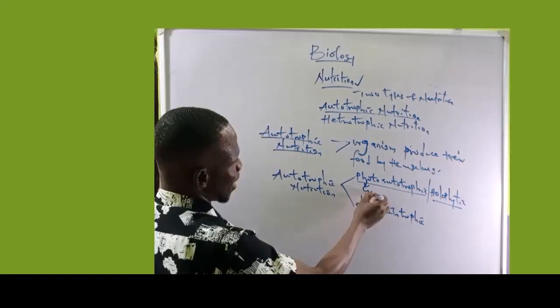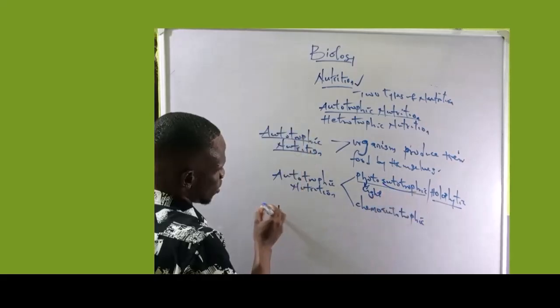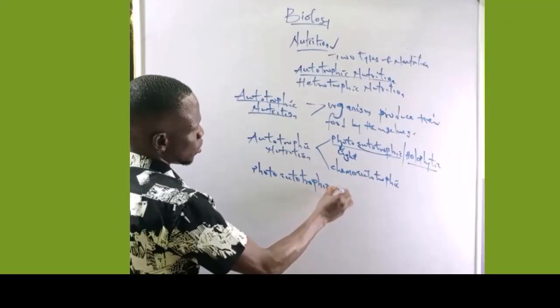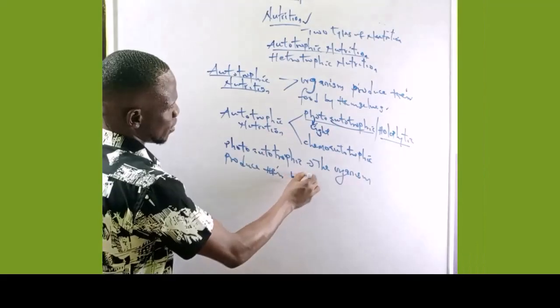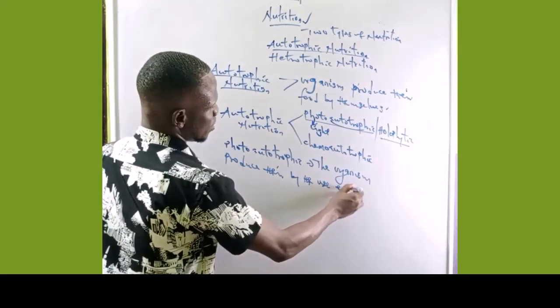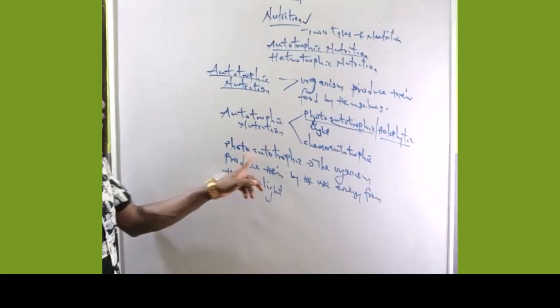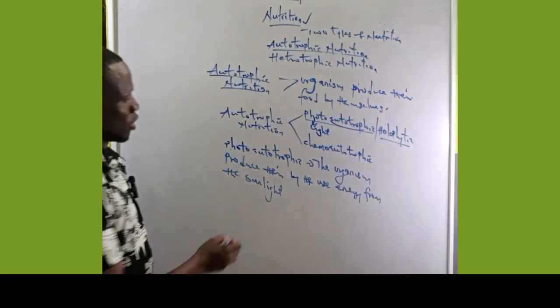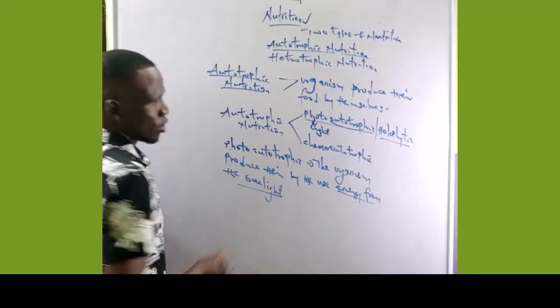Photo means light. So in photoautotrophic nutrition, the organism produces its food by the use of energy from the sunlight.